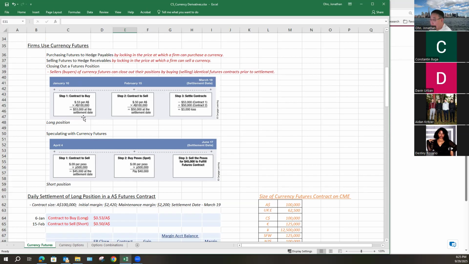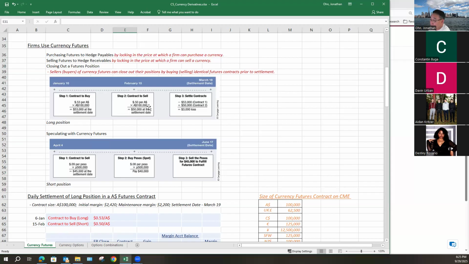You take on a short position, meaning you sell a futures contract. This time you sell at 50 cents per Australian dollar.